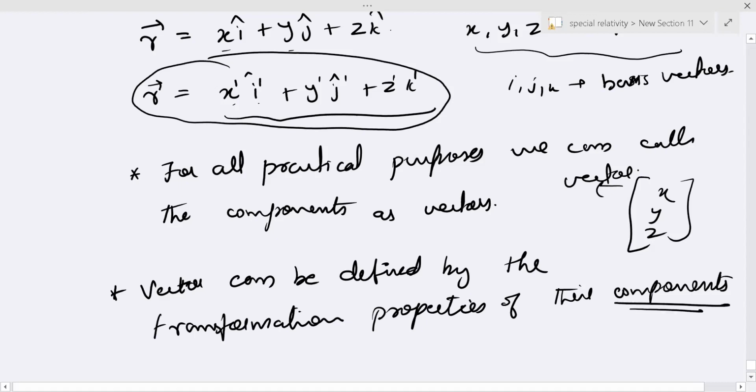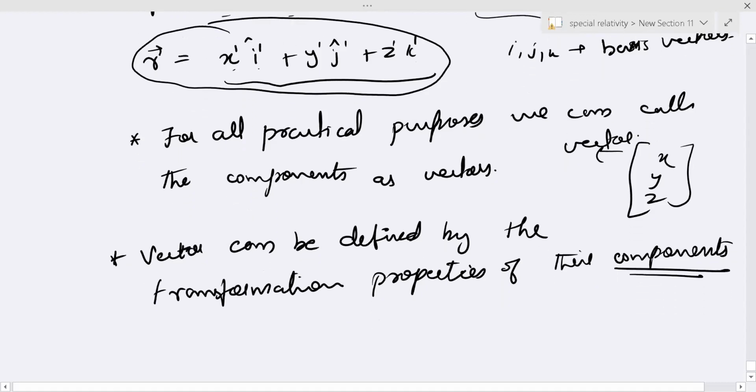We define a vector by the transformation property of its components. You ask the following question: how do the components change under a coordinate transformation? If it obeys a certain way of transformation, we say that these numbers form the components of a vector. We'll just develop it like this. If, for example, we take rotation as an example for the coordinate transformation.